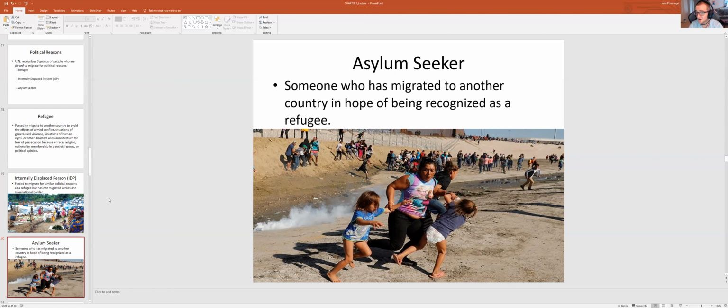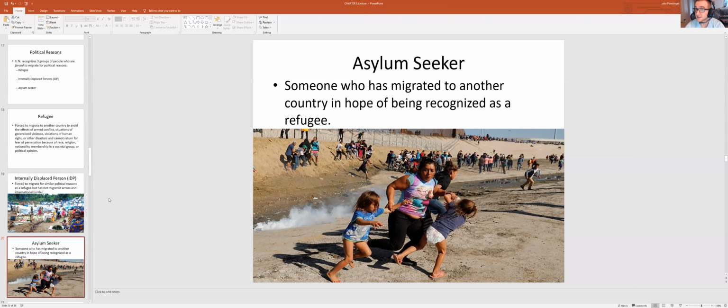So an asylum seeker is someone who has migrated to another country in hopes of being recognized as a refugee, right? So when we talk about refugees, it's not just people that choose to migrate, right? There are international laws and countries that define who a refugee is based on what is happening inside their own country, right? We've heard recently in the news Syrian refugees, right?